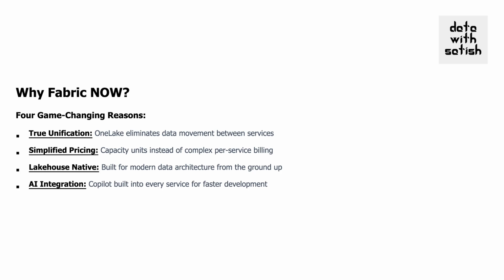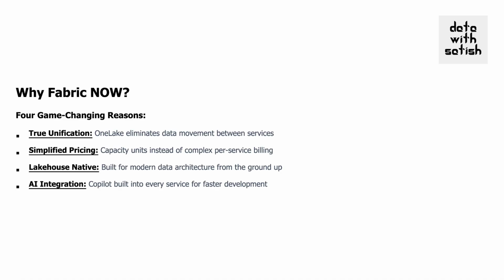Second, simplified pricing. Instead of paying separately for each service with complex consumption models, Fabric uses capacity units. You buy compute capacity and use it across any service. Way more predictable. Third, built for Lakehouse era. The modern pattern is Lakehouse, combining the flexibility of data lakes with the structure of warehouses.